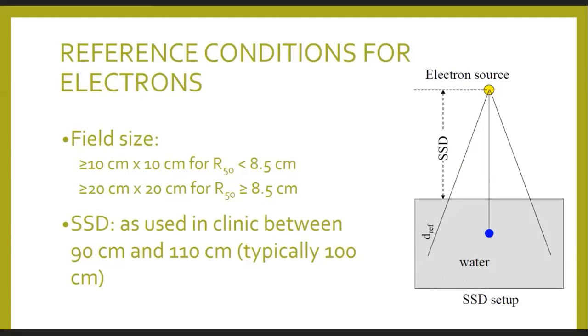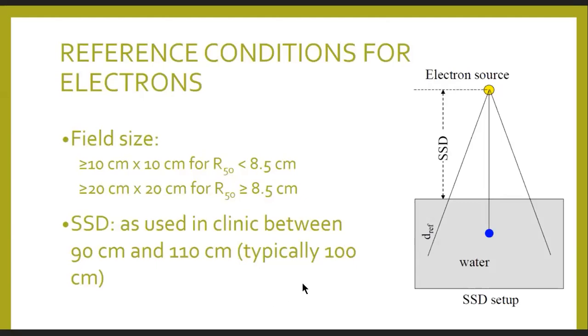That 10 by 10 field size is only for electrons that have a beam quality less than 8.5 cm, meaning less than 16 MeV electrons. For electrons with energies higher than 16 MeV, the recommended field size is 20 by 20.